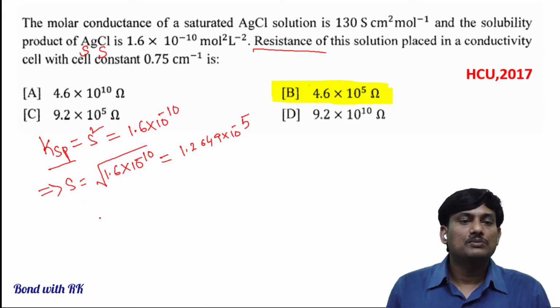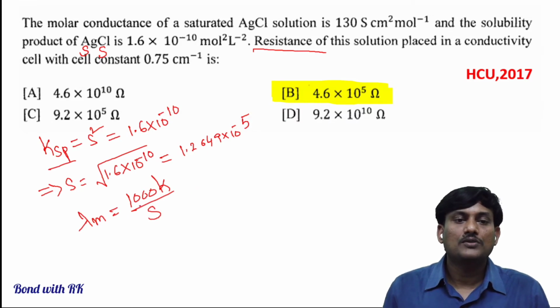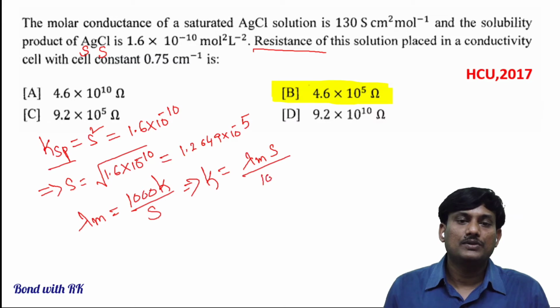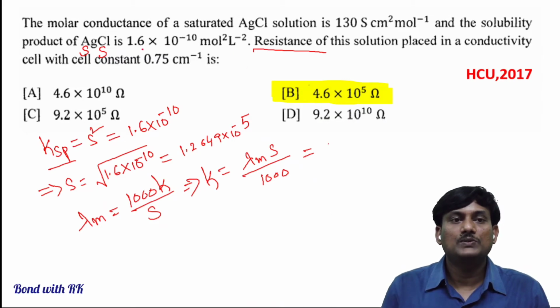So we know the relation between lambda m is equal to 1000 kappa by solubility. So lambda m is equal to 1000 kappa by S. That implies kappa is equal to lambda m S by 1000. What is the lambda m value?